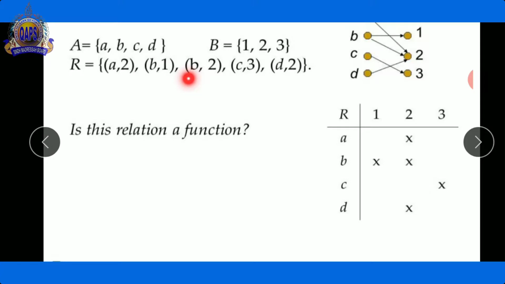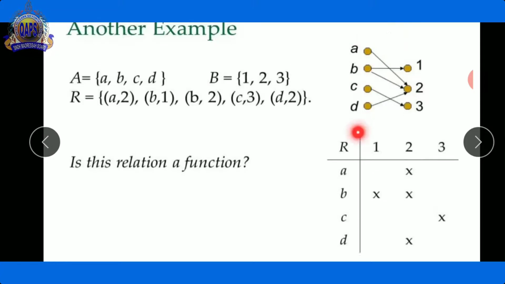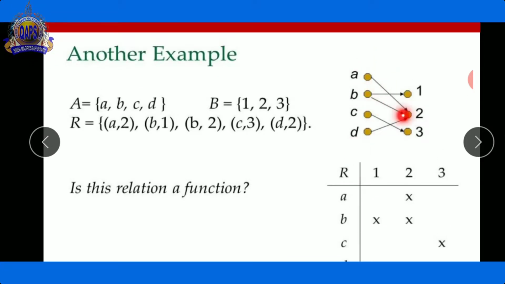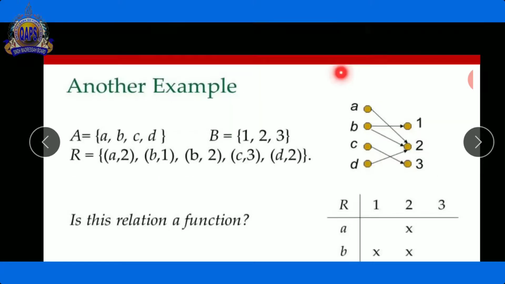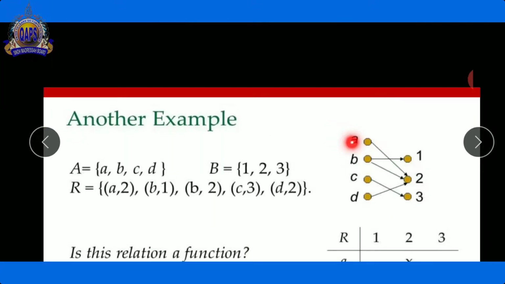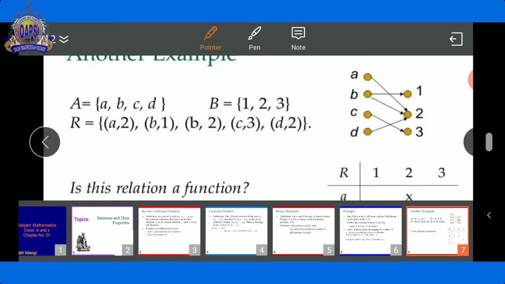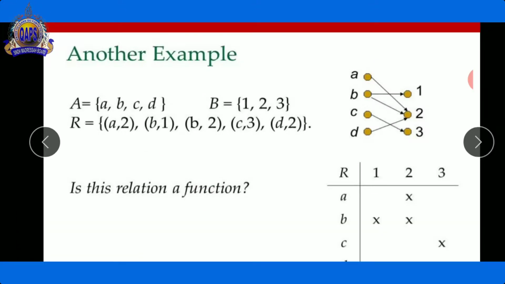This B is related with 2 numbers. So this form of relation we can say is only a relation, but not a function, because a function always takes only one element.